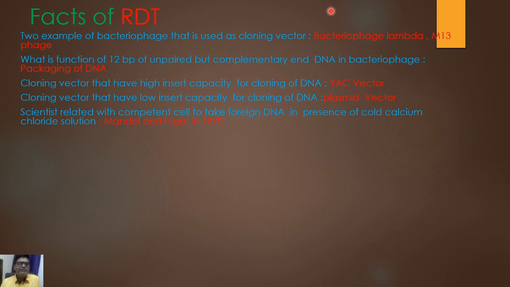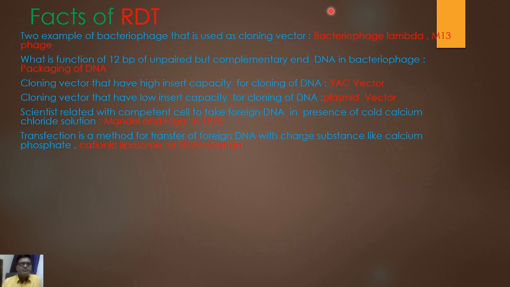Can you tell me the name of the scientist related with the competent cell taking foreign DNA in the presence of calcium chloride solution? Mandel and Higa. They performed this transformation experiment in 1970.